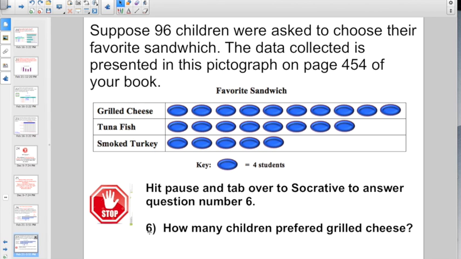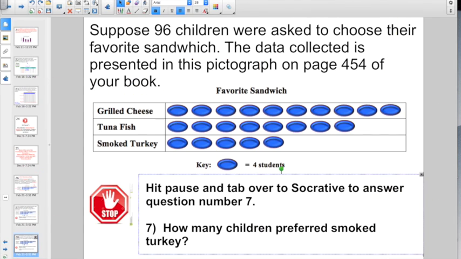So, time for question number 6. How many children preferred grilled cheese? Hit pause and tab over to Socrative to answer question number 6, the first question in your Socrative quiz. Question number 7.